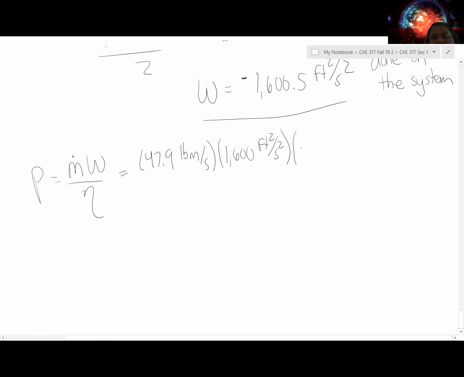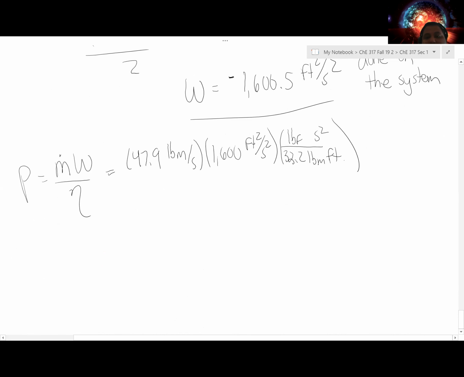I have to do my unit conversion, 32.2 pound mass feet per pound force second squared. That gives me my solution in terms of foot-pounds per second. Then if I divide by 550 foot-pound force per second, I am left with horsepower.